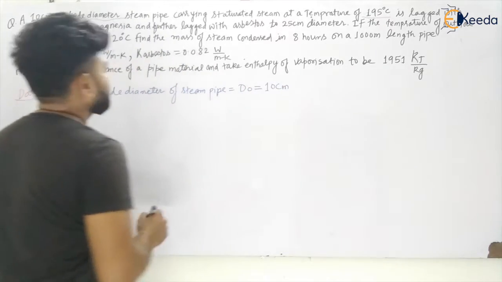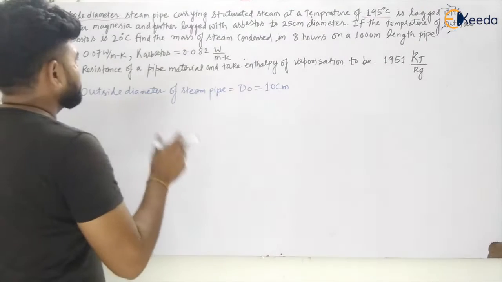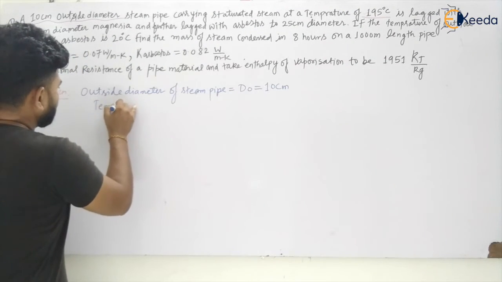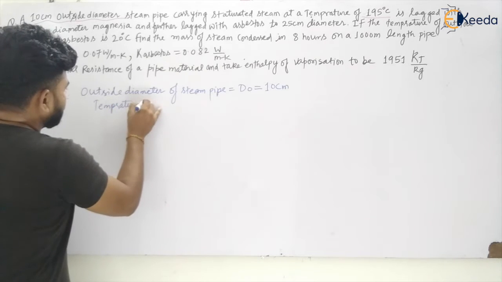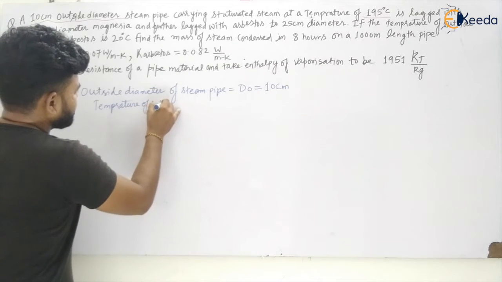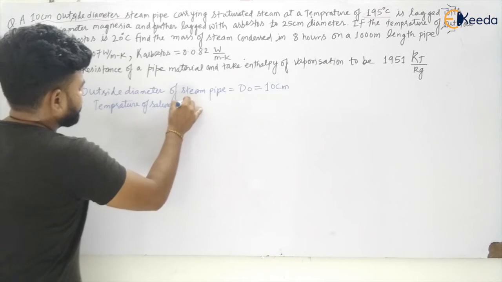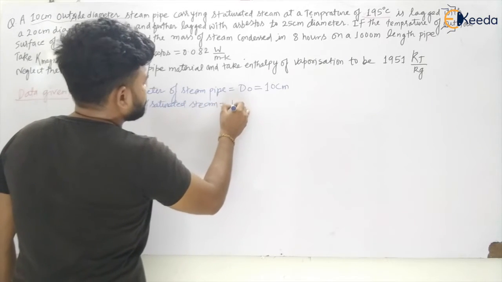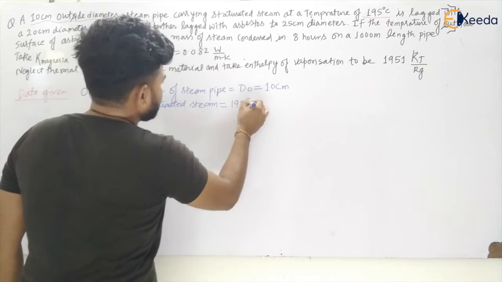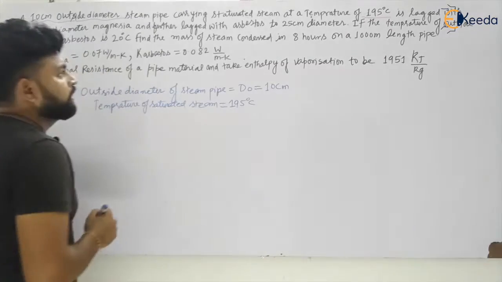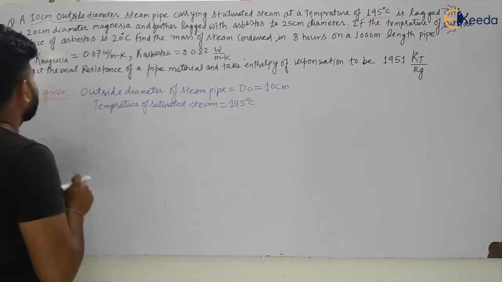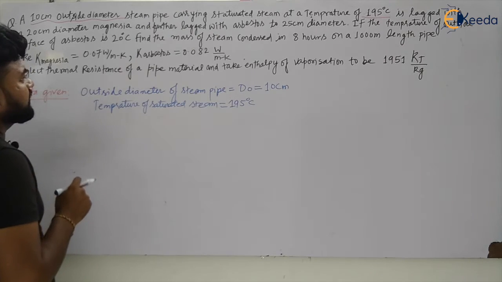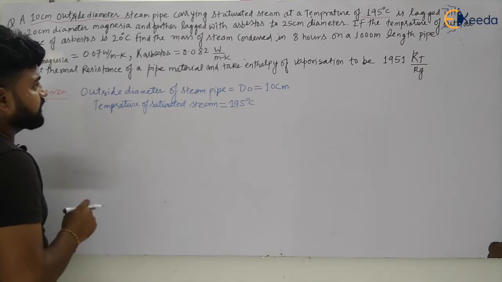Now, what is the temperature of saturated steam? 195 degrees Celsius. It is lagged with a 20 centimeter diameter magnesia and further lagged with asbestos to 25 centimeter diameter.